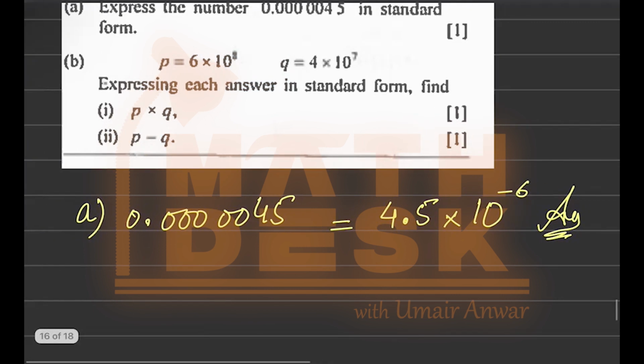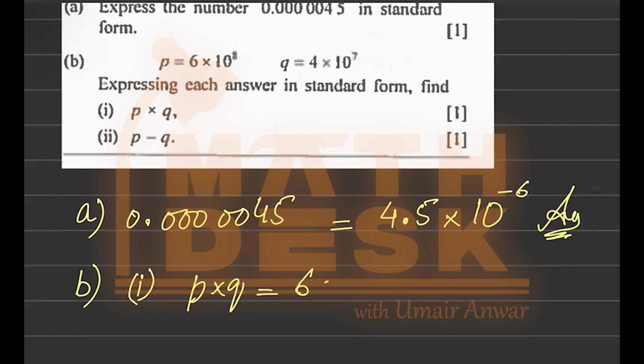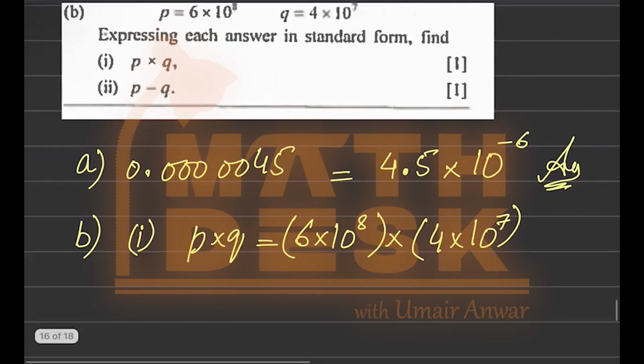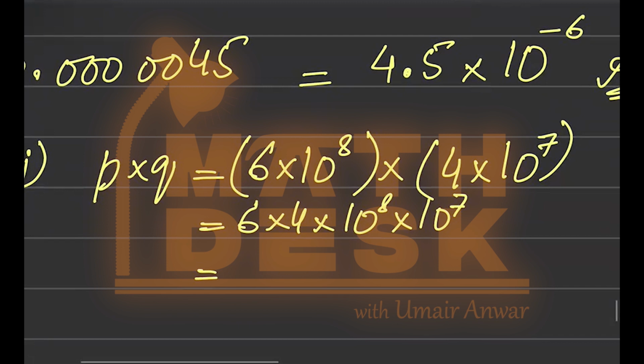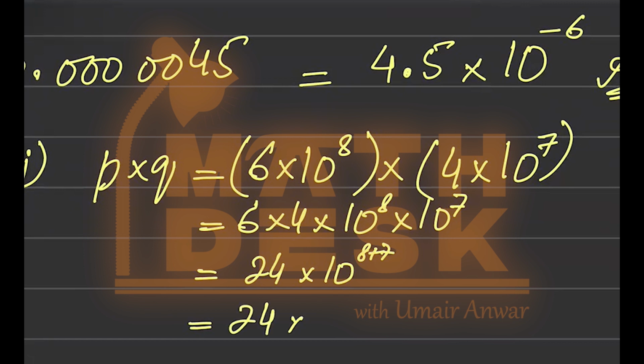In part B1, we need to find out the value of P multiplied by Q. P means 6 into 10 raised to 8 multiplied by Q, which is 4 into 10 raised to 7. Now the numbers would get multiplied with each other, and 10 raised to 8 into 10 raised to 7, the indices would simplify. So it is 24 into 10 raised to 8 plus 7, which is equal to 24 into 10 raised to 15.